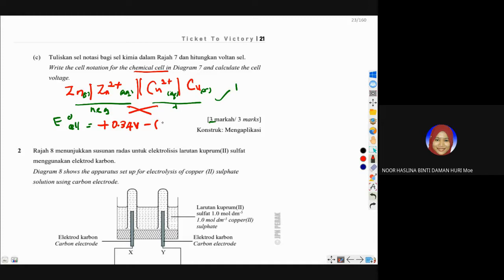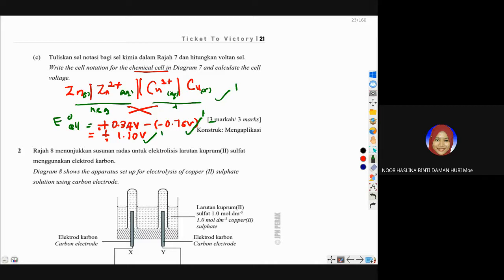If you check from your E0 cell values, you will get 0.76 volt here. So minus minus becomes plus. After that, you will get E0 cell is positive 1.10 volt. You must put the positive or negative sign. So this one, how to get the marks: first mark is for this one, another one is for this one. Lastly, you get 1.10 volt.